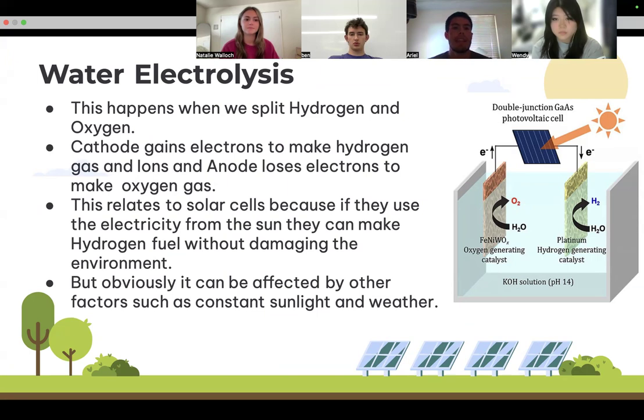Now, how can this relate to solar cells? Well, if we use electricity from solar energy, this can make hydrogen fuel without damaging the environment, with zero carbon emissions. But obviously, it isn't perfect, and it can be affected by different factors, such as constant sunlight and weather.